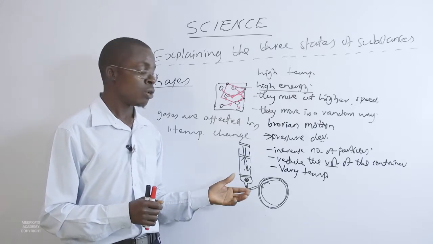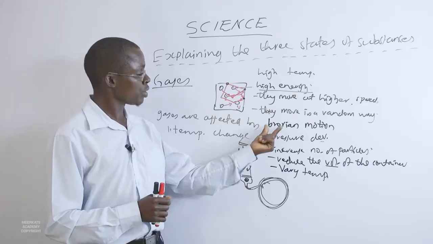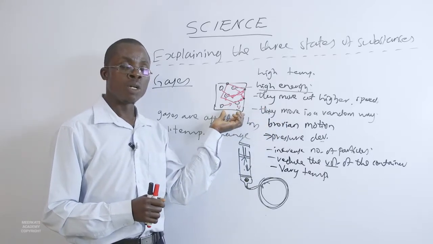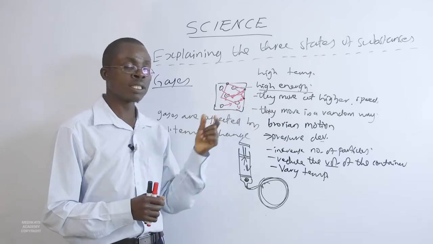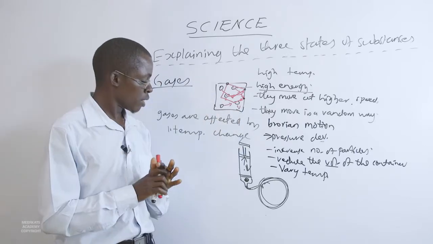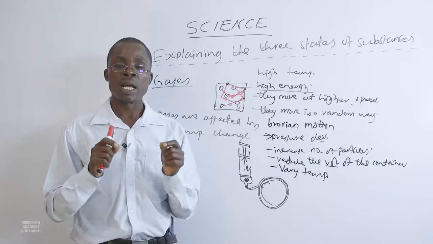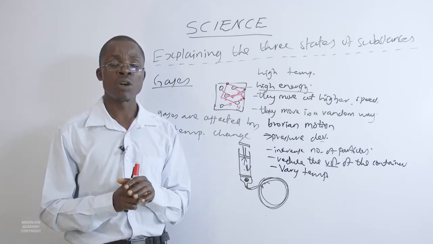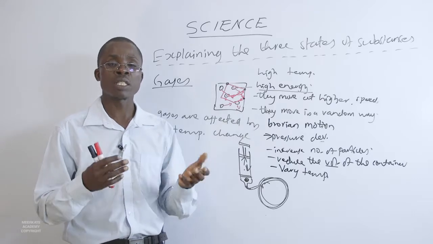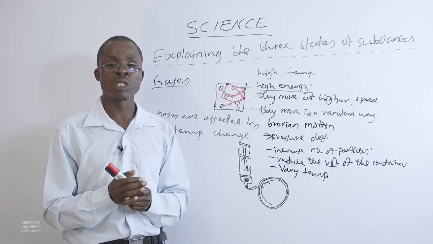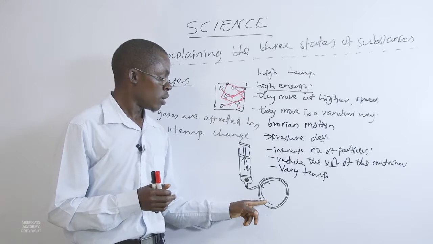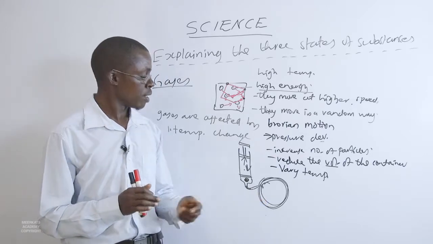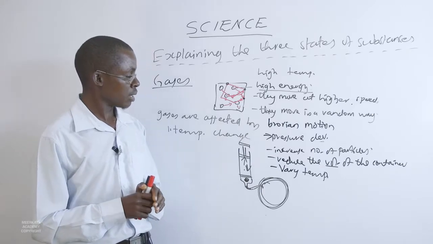You are using that property we know for a gas, that gases can be compressed. You are compressing a gas. That is the property you are using to inflate, to fill in the tire, compressing a gas.